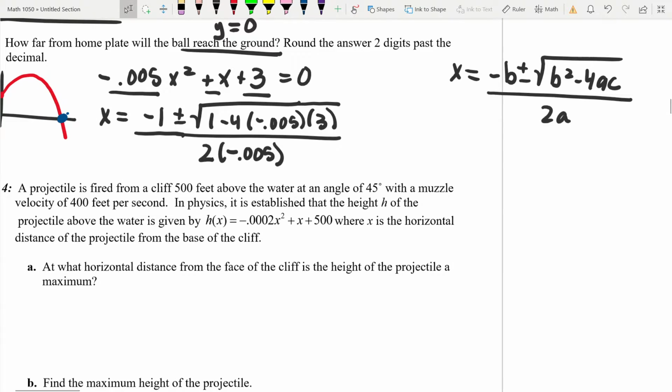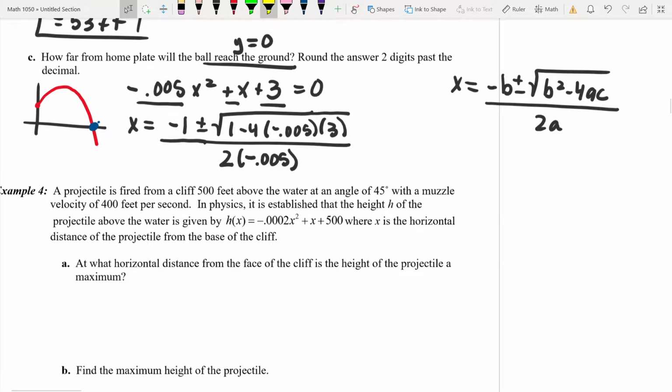Okay, here's where you're going to love the calculator. You ready? Grab your calculator. Okay, now we're going to listen. Okay, don't do anything yet. Do you see how the directions tell you to round? Okay. You don't have to do this.